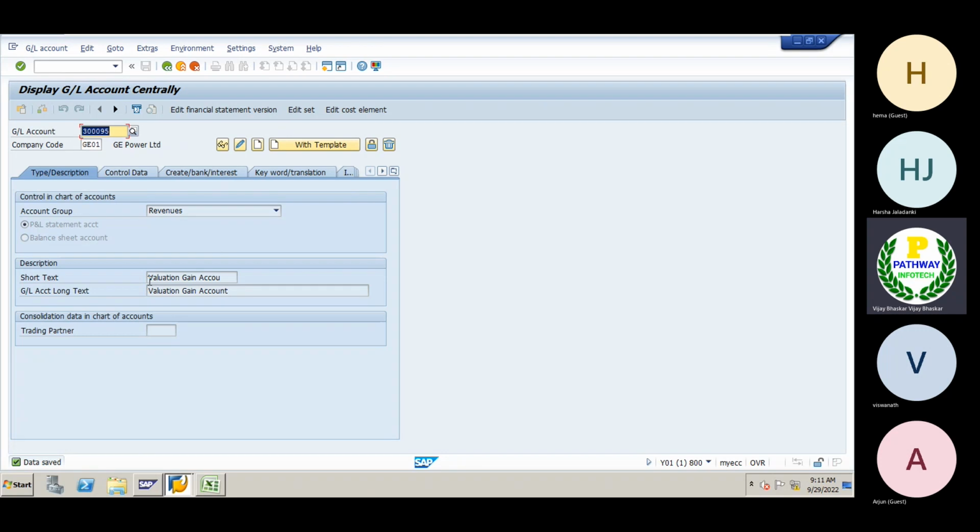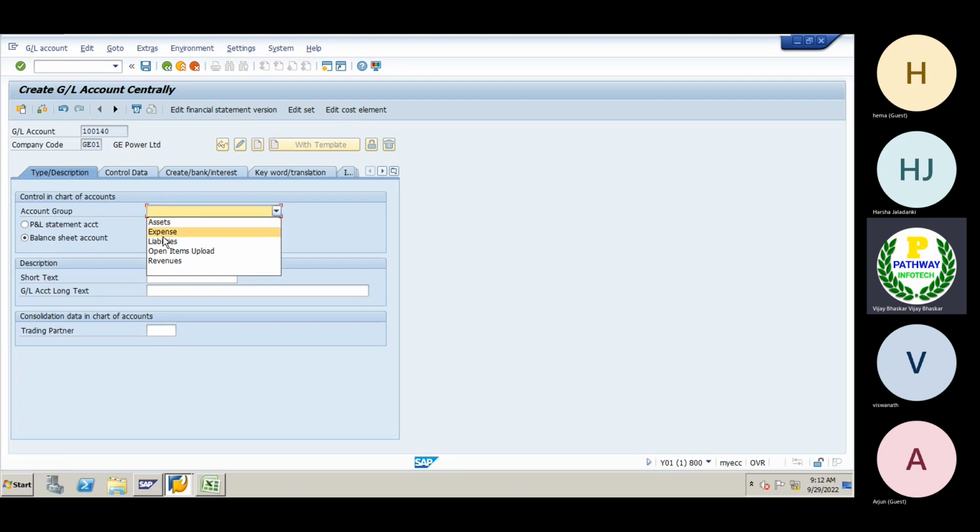Then the next one we need to create is the balance sheet adjustment account. It's a balance sheet account. The 1 series is the balance sheet adjustment account, and it is a liabilities account, remember.